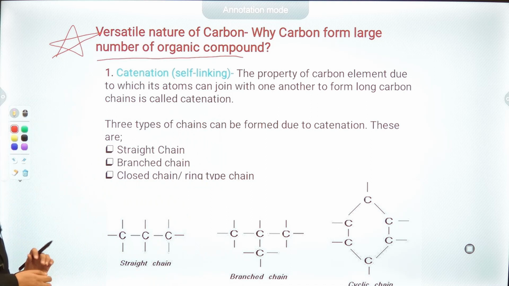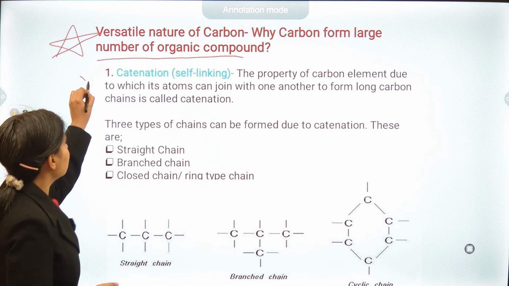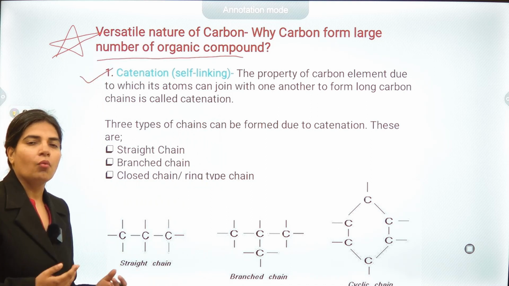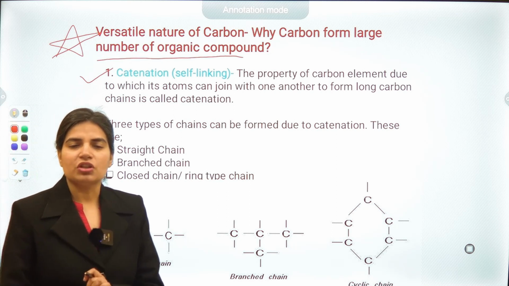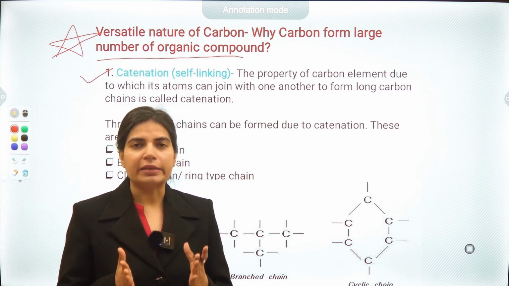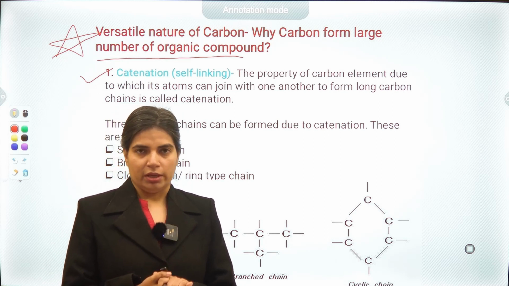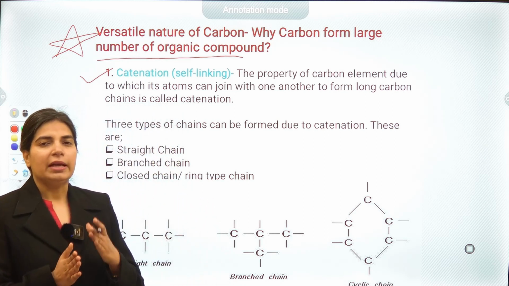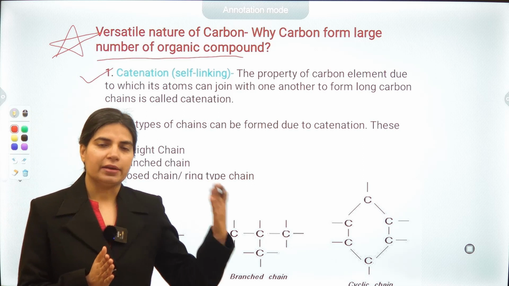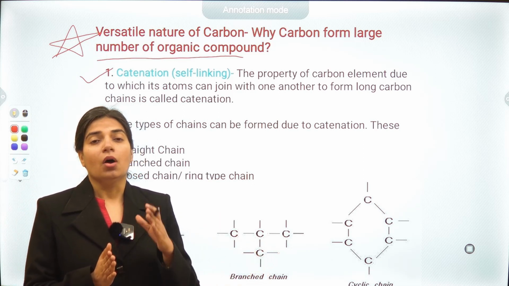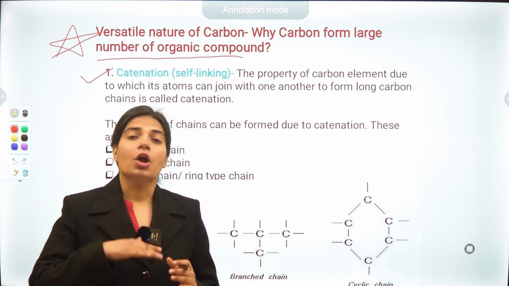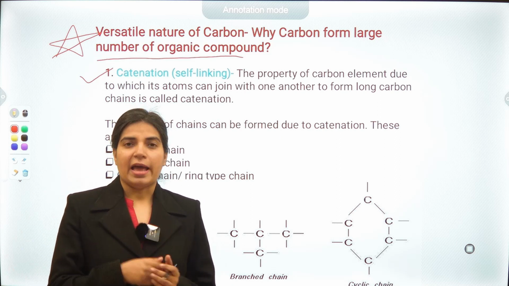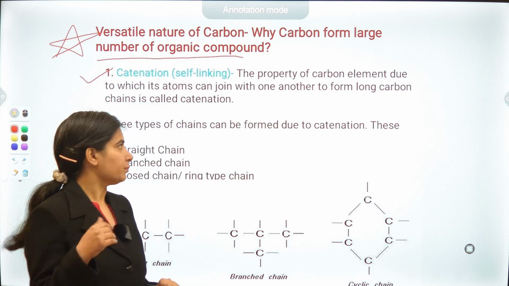Let's discuss that. The first thing is catenation. What is catenation? Catenation is the self-linking property in which one carbon atom is linked with another carbon atom, and one carbon atom is linked with a number of carbon atoms as per its valency.